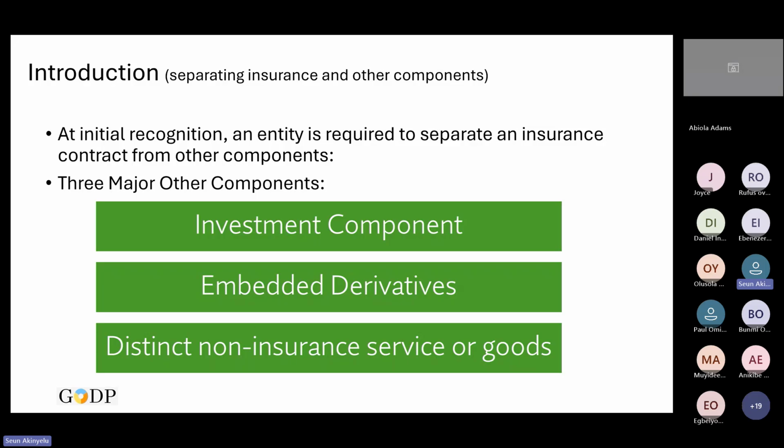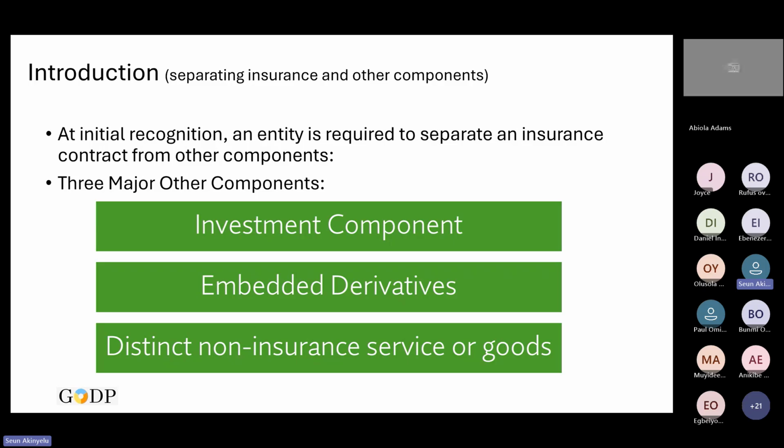The sincere truth is that the moment you have an insurance contract, there's every probability that it is within a combo, meaning you have a composite contract where you have an insurance contract and also an investment contract or any other kind of contract.